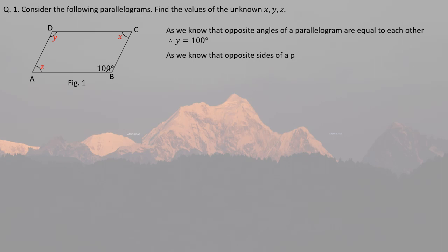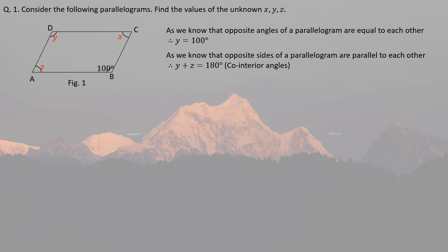We also know that adjacent angles of a parallelogram add up to 180 degrees. So we can write y plus z equals 180 degrees. We can call them co-interior angles or adjacent angles as well. And we already know the value of y as 100 degrees.